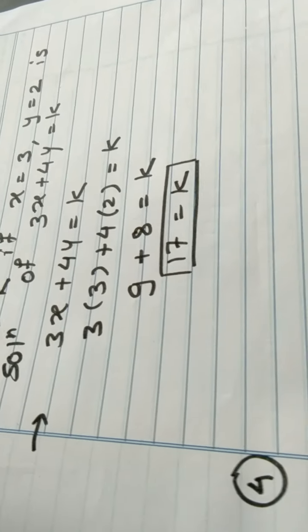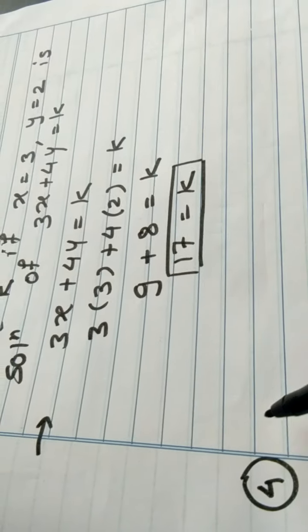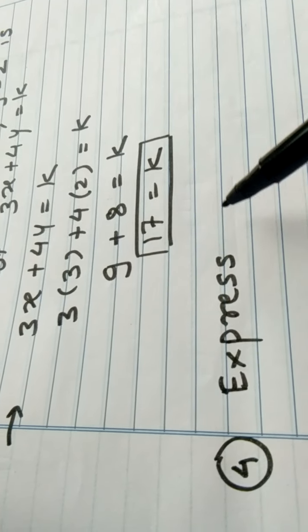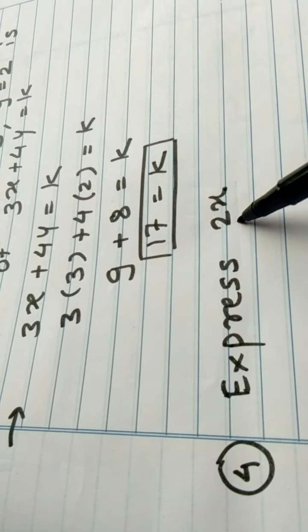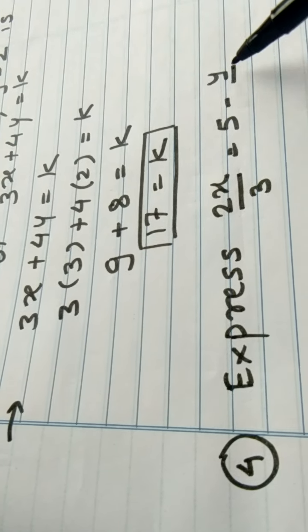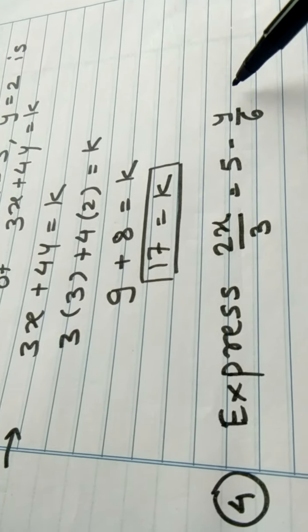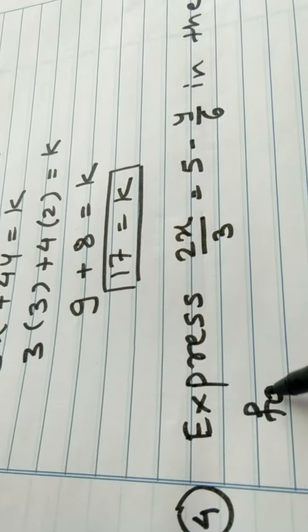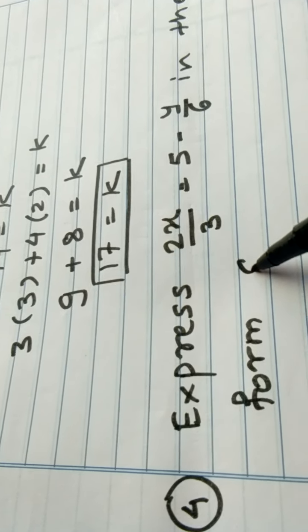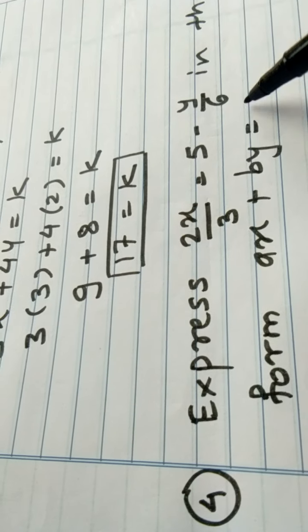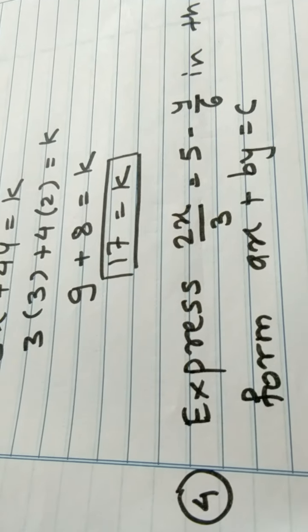Question number 4. Express 2x upon 3 is equal to 5 minus y upon 6 in the form ax plus by is equal to c.